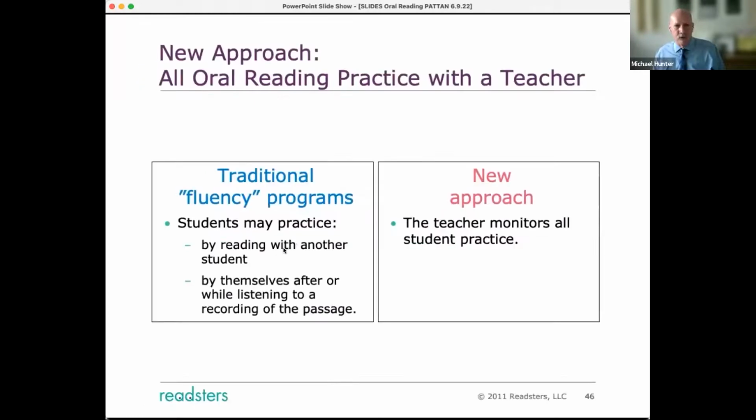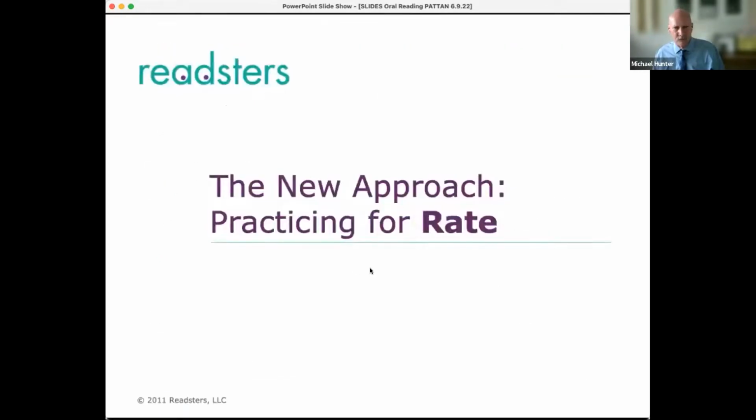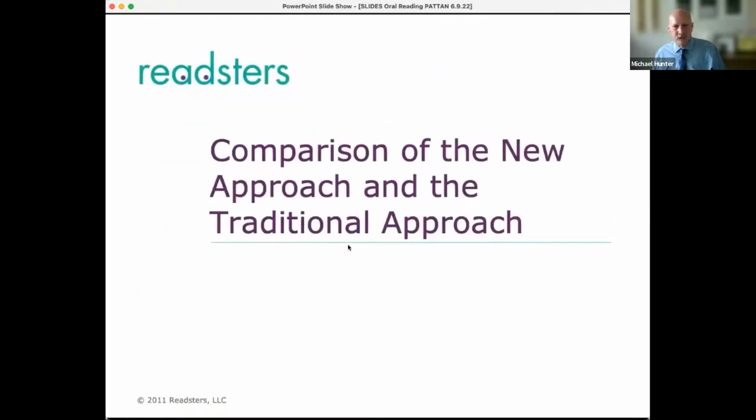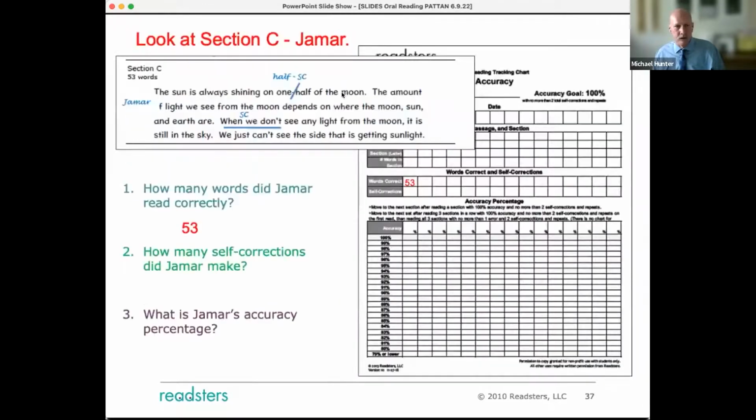One step that I really want to quickly cover, that for some reason I have failed to cover, and somebody asked a question about it, is before you leave the student who finished with errors. So in the case of David, before you leave him and start the next student's turn to read, you go over his errors with him.